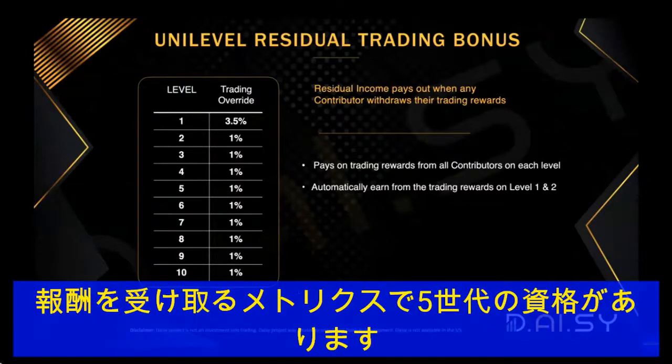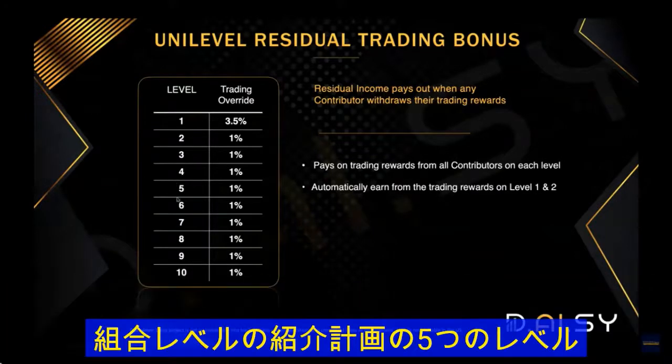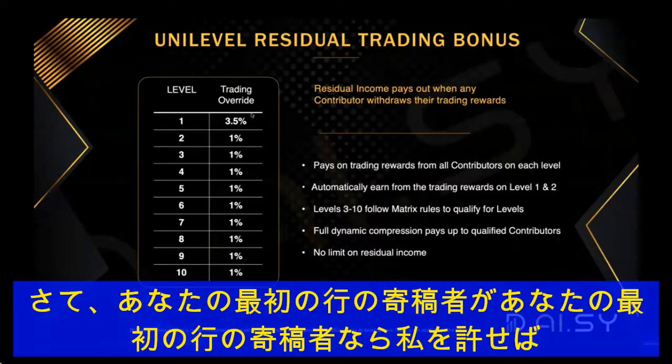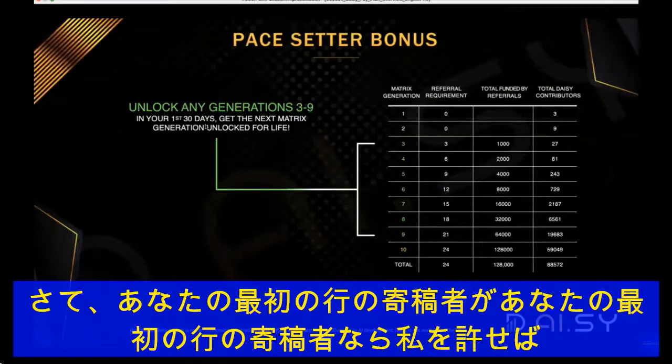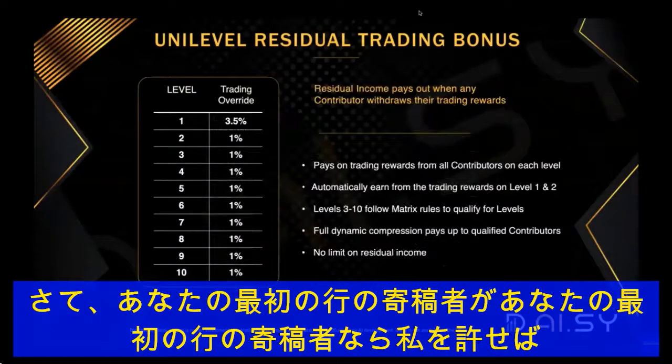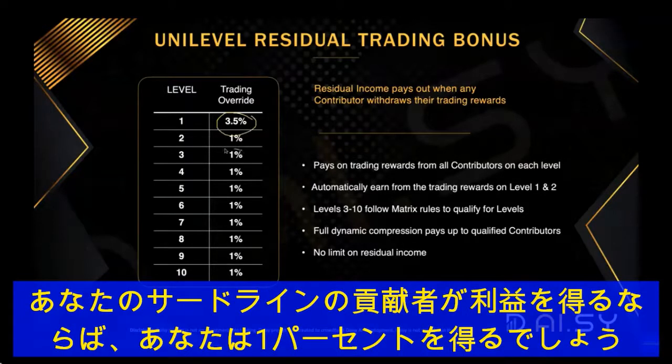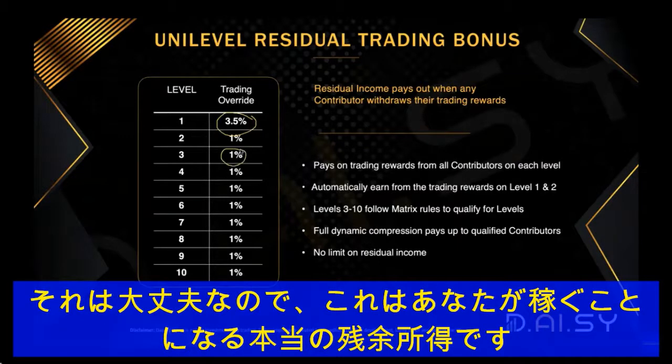So if you are qualified for 5 generations in your matrix, you will get paid on 5 levels in the uni-level referral plan. If your first line contributor takes profit, you will get 3.5% of that. If your third line contributor takes profit, you will get 1% of that. So this is real residual income that you will be earning.